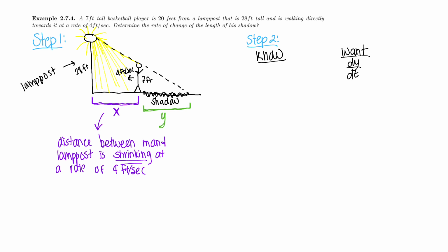Because x is shrinking, dx/dt needs to be negative. So we know that dx/dt is negative 4 feet per second.